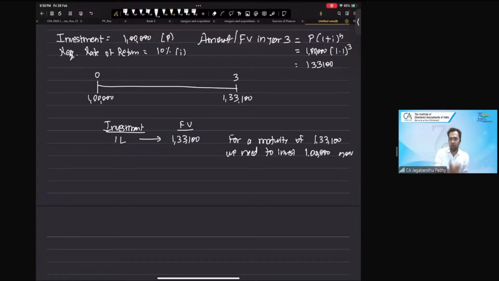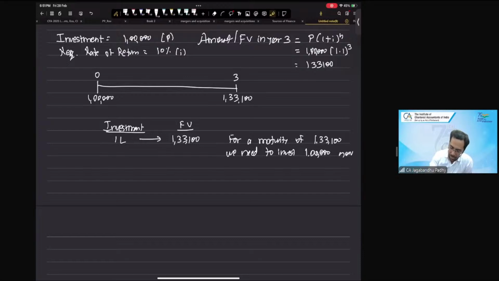If I'm investing 1 lakh today, it will become 1,33,100 after 3 years. So the other way of looking at it is, if I want an amount of 1,33,100 after 3 years, what should be the amount that I should invest today?